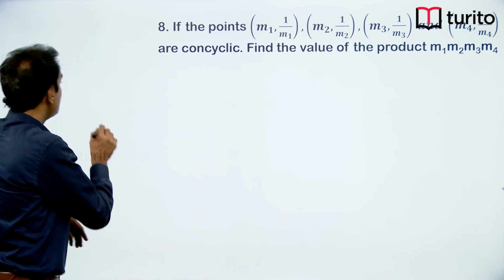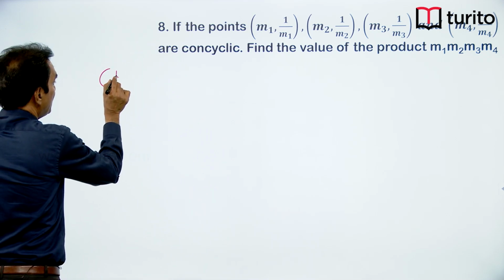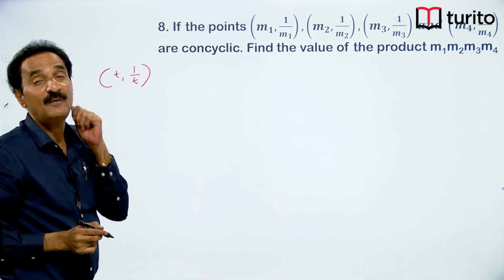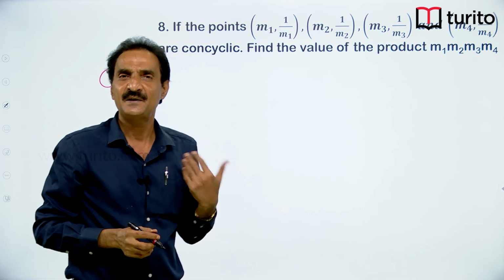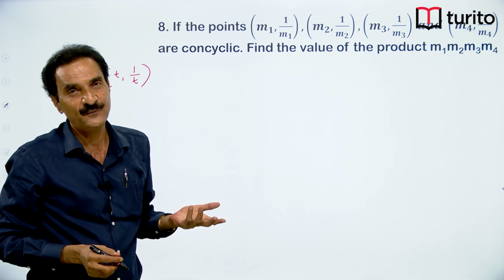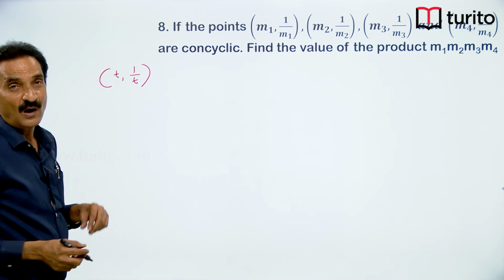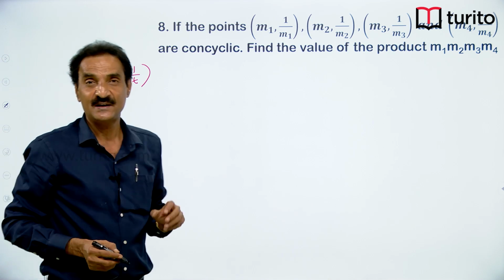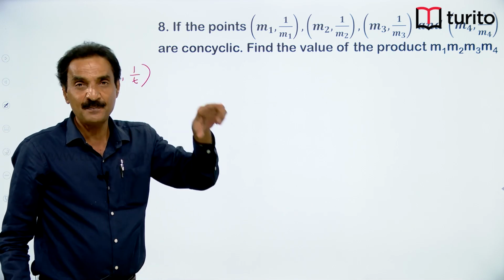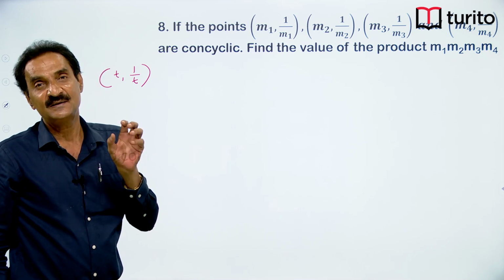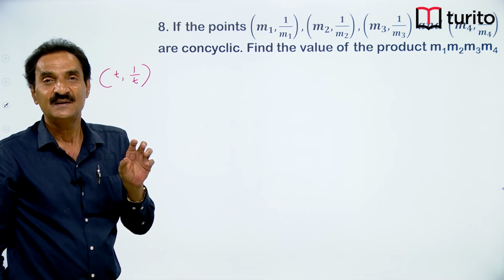So, we can say that every point is in the general form (t, 1/t), where t is either m1 or m2 or m3 or m4. Now, if the points are concyclic, there exists a circle passing through the 4 points. I will assume that the equation of that circle is S equal to 0.